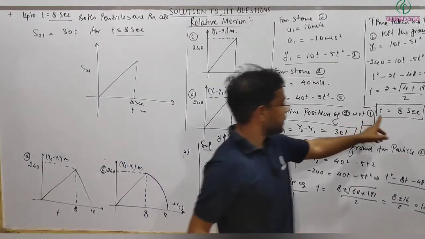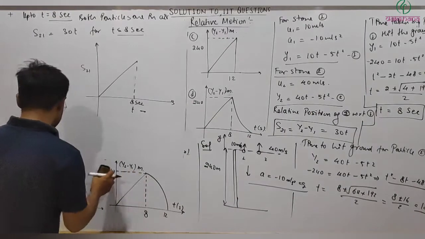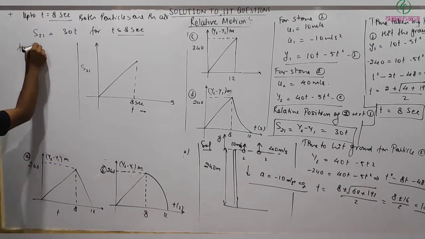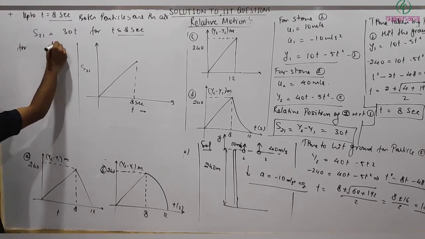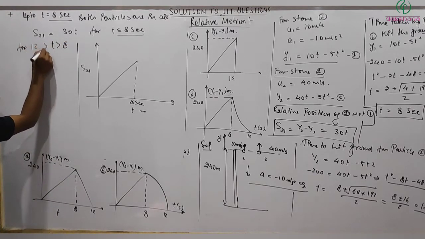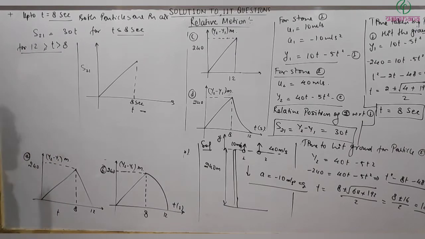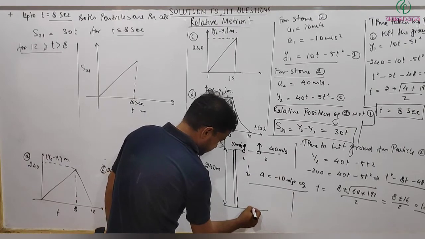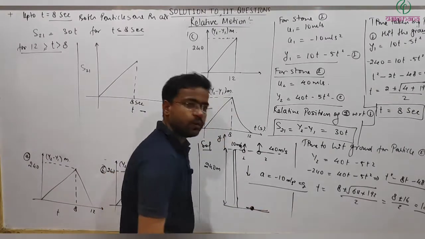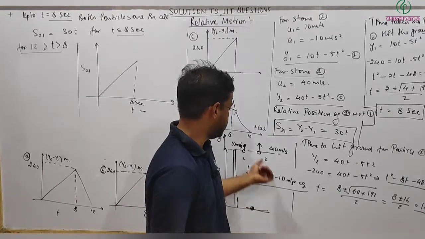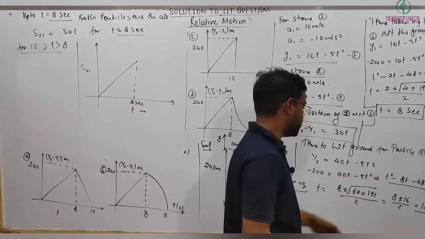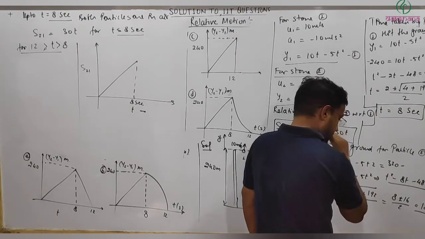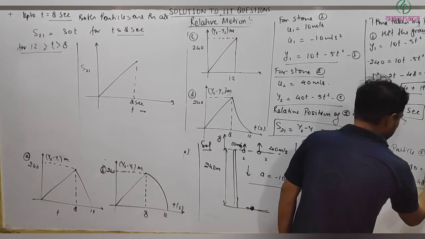After 8 seconds, this particle will be on the ground, is it? So for t greater than 8 seconds and less than or equal to 12 seconds, particle 1 will be on the ground. So the situation will be like particle 1 has landed here. We can even check where particle 2 is at t equal to 8 seconds. If I am substituting it here, it will be 320 minus 80, and that comes out to be 240.